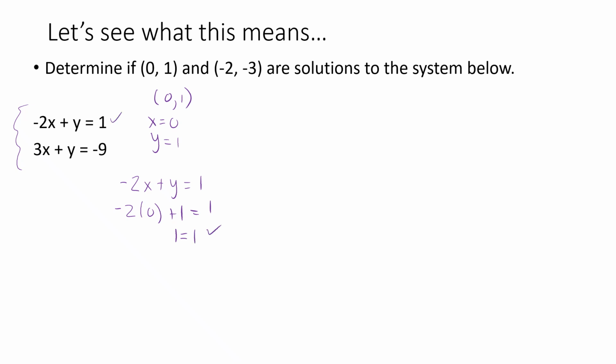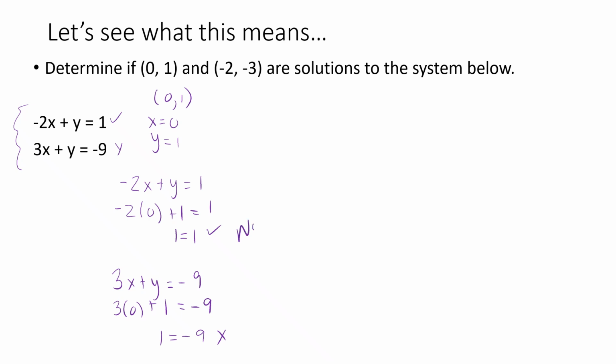But remember, for it to be a solution to the system, it has to make all the equations true. So we're going to look at that second equation and plug it in. We're going to plug in x is 0 and y is 1. 3 times 0 is 0, and 0 plus 1 is 1. And I end up with 1 equals -9, which is not true.